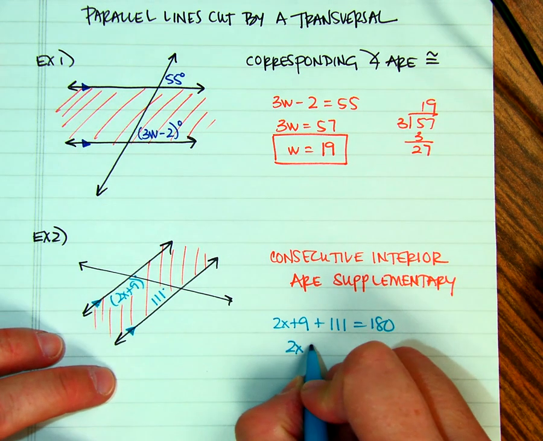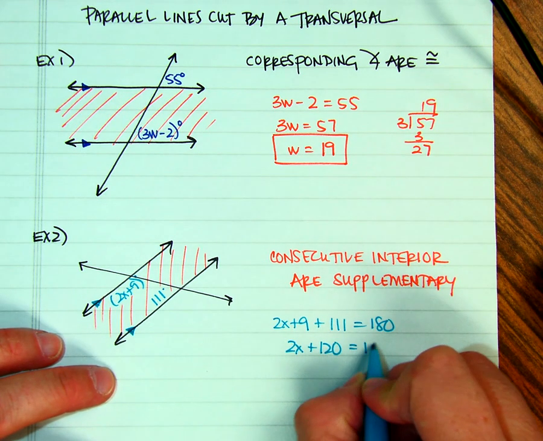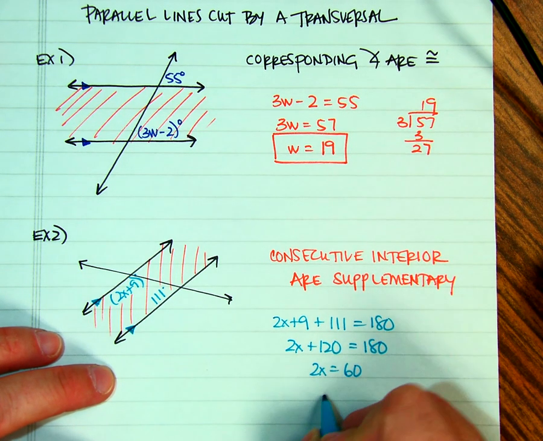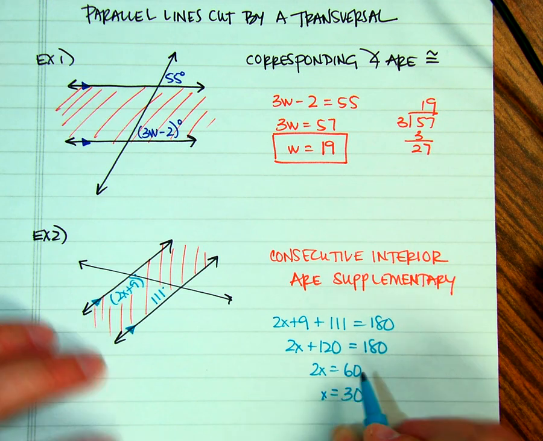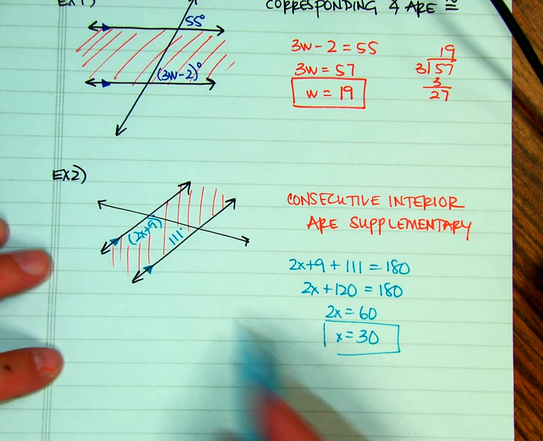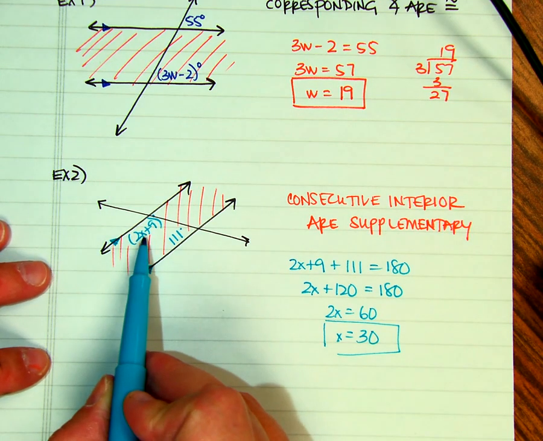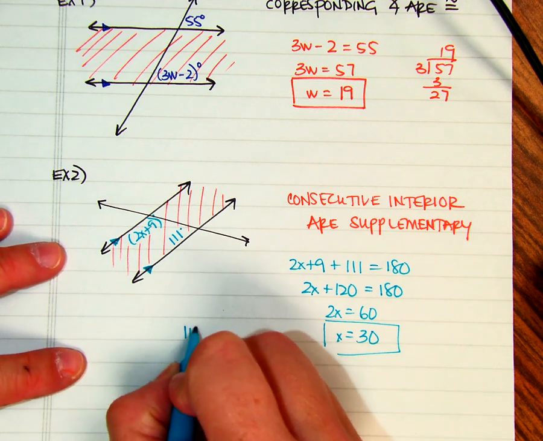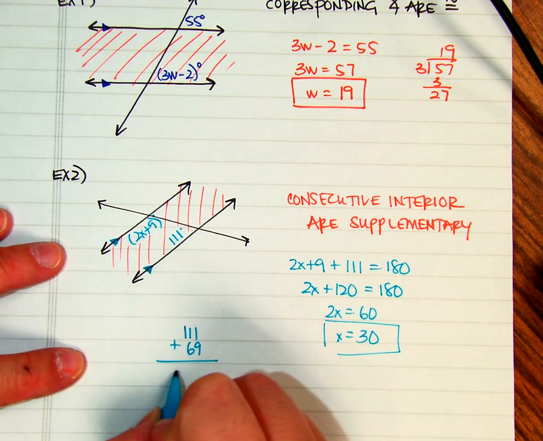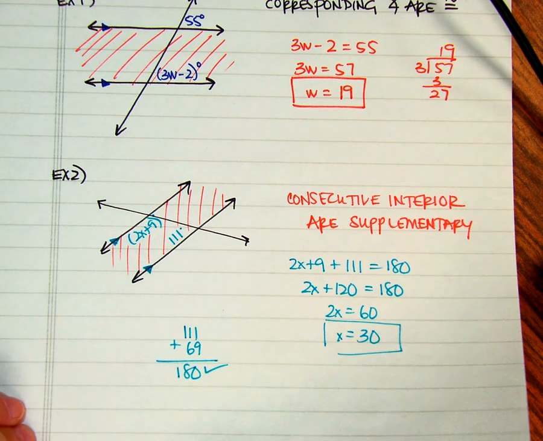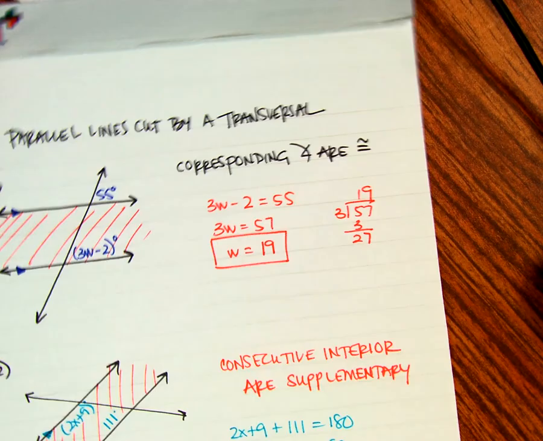So 2x plus 120 equals 180. 2x equals 60, therefore x equals 30. Let's check it and see if that works. If I put a 30 in here, I get 2 times 30 is 60, plus 9 is 69. So 111 plus the 69 better equal 180, and it does. One more example.